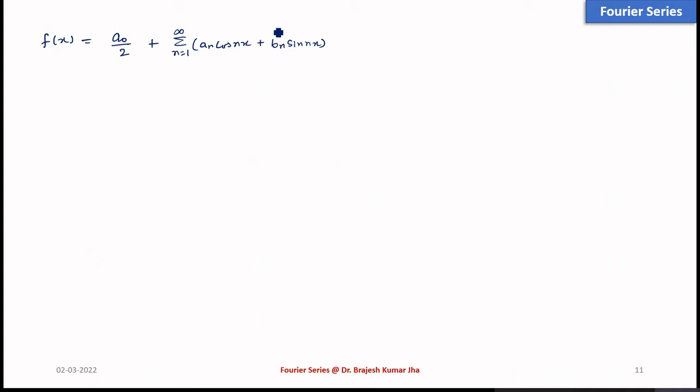So our objective is to determine these coefficients a0, a1, a2 and b1, b2 like that. So first we integrate both sides between minus pi to plus pi.